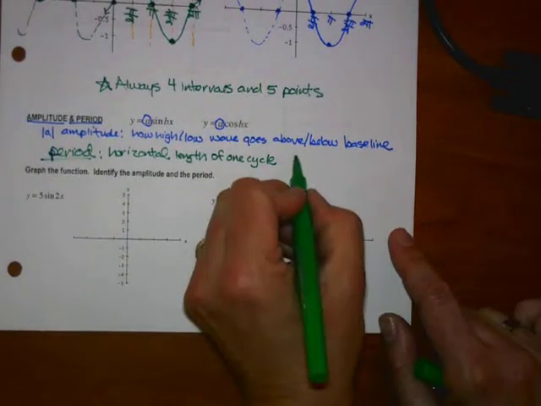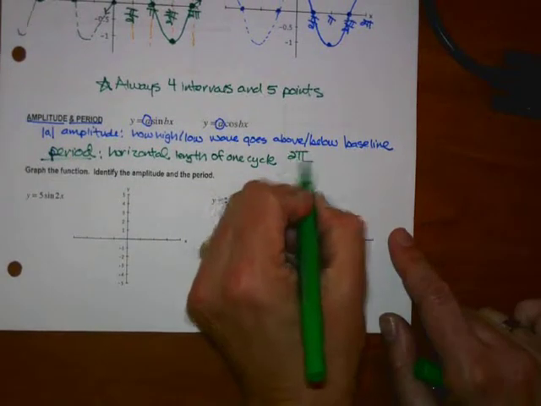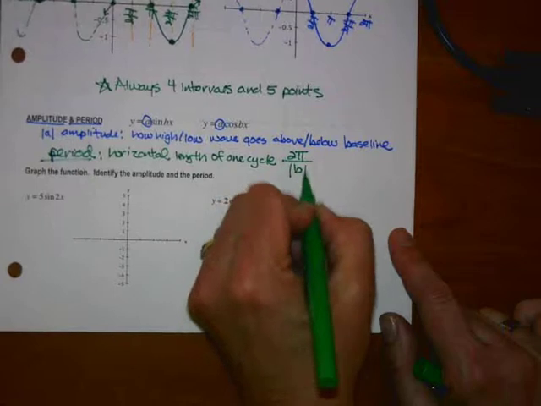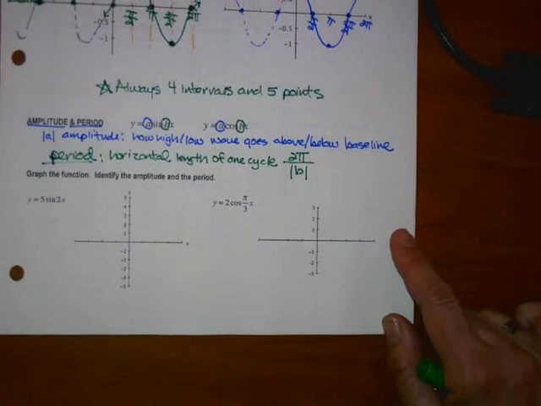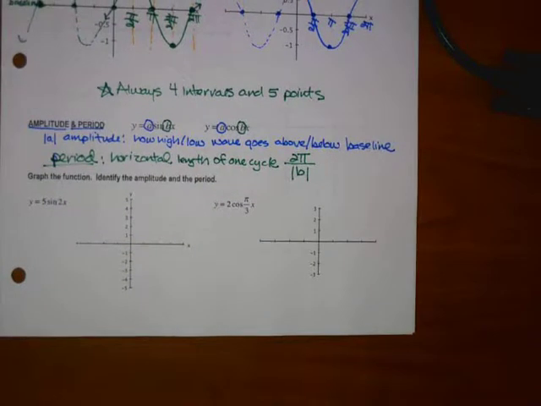And you find it by doing 2 pi divided by the absolute value of b. Here's b. So that's how b comes into play.